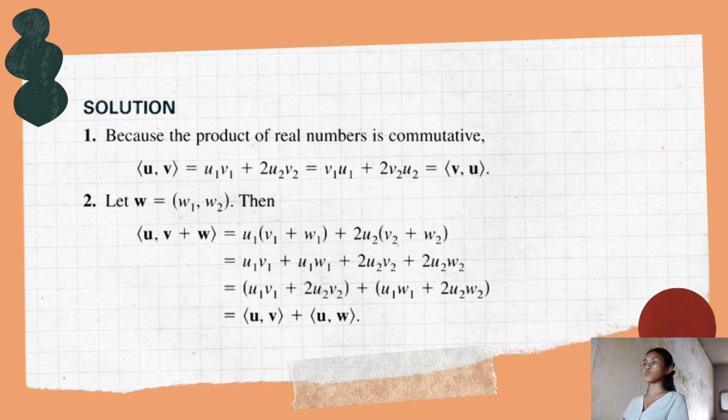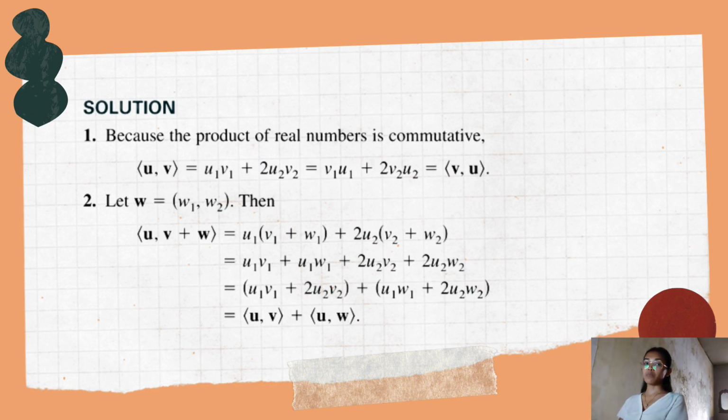By distribution, it will be u1 v1 plus u1 w1, distribute again the 2 u2, and it will be 2 u2 v2 plus 2 u2 w2. By combining the like terms, it will be u1 v1 plus 2 u2 v2 plus u1 w1 plus 2 u2 w2. So the answer will be <u, v> plus <u, w>.